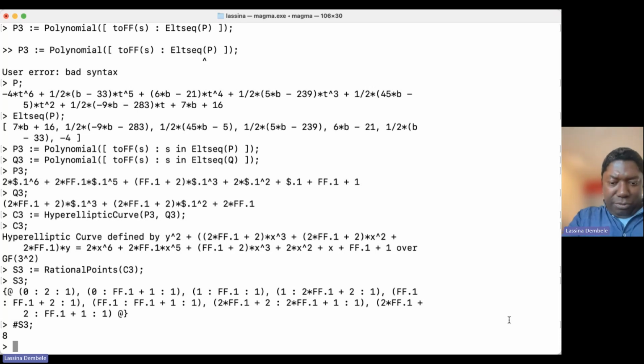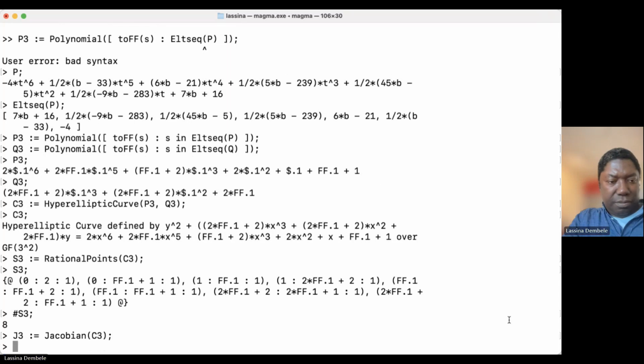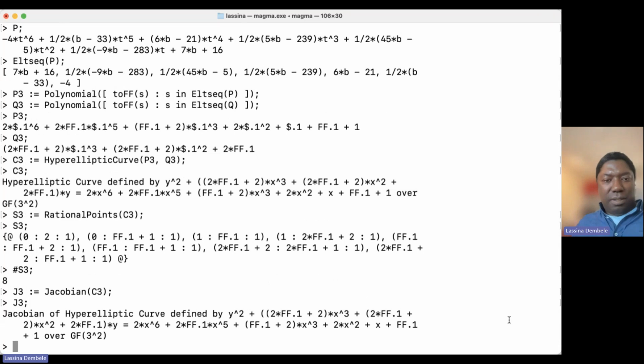And now we can actually create the Jacobian of this curve, the Jacobian of C3. We get this, and let's see if we can, I'm not sure if this will work, but we'll try anyway.